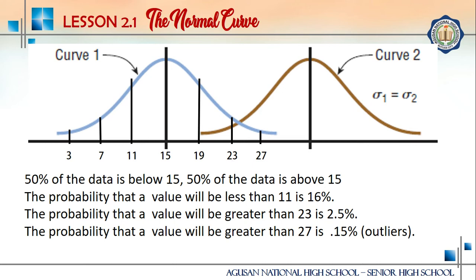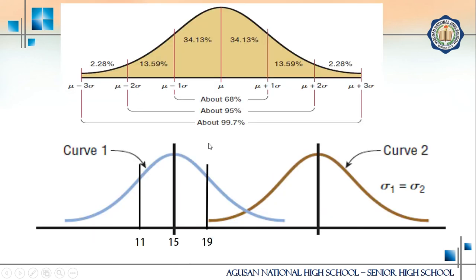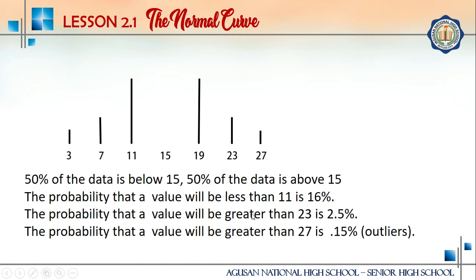And then the last one is the 3 standard deviations. So 15 minus, the rule is 3 times the standard deviation. 3 times 4 is 12. So 15 minus 12 is 3, and 15 plus 12 is 27.